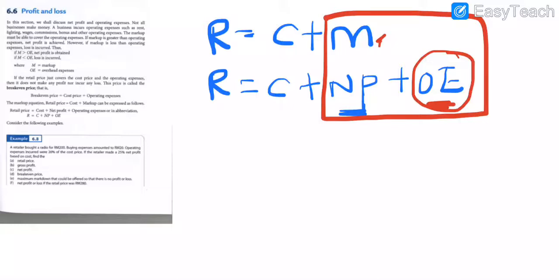Direct cost saya adalah nasi atau beras, minyak, timun, kacang, apa lagi? Cili, garam kah, ajinomoto kah, all of this is considered as my direct cost, whereby I use it to produce my nasi lemak. Okay, but what is operating expenses?